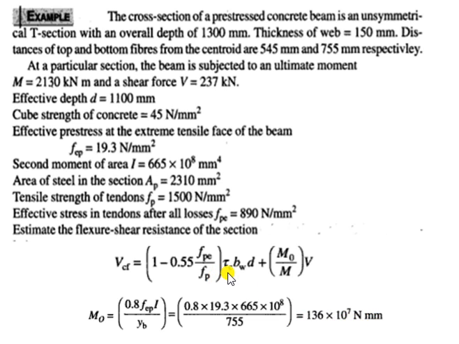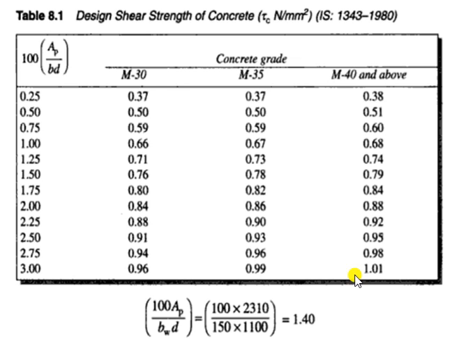And we have one more unknown term, that is tau C. To calculate tau C, we need IS 1343. In IS 1343 1980, in table number 8.1, we have the design shear strength of concrete tau C. So tau C can be calculated using this ratio.